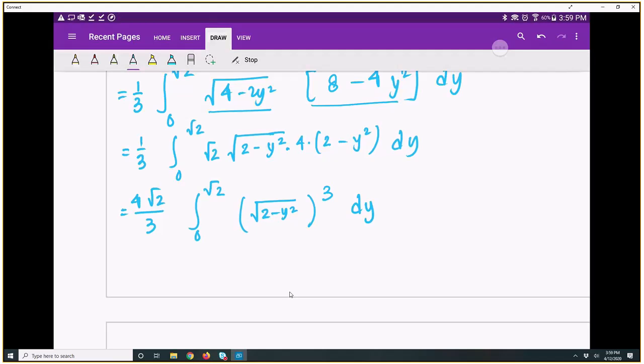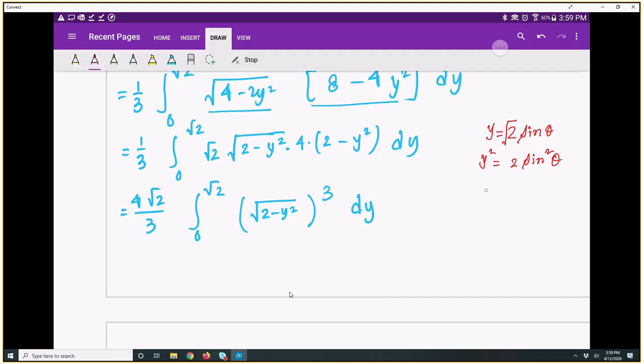So this requires an integration by trigonometric substitution. So let's do that. The usual process is we are going to set y equal to square root of 2 sine theta. Then y squared equal to 2 sine squared theta.